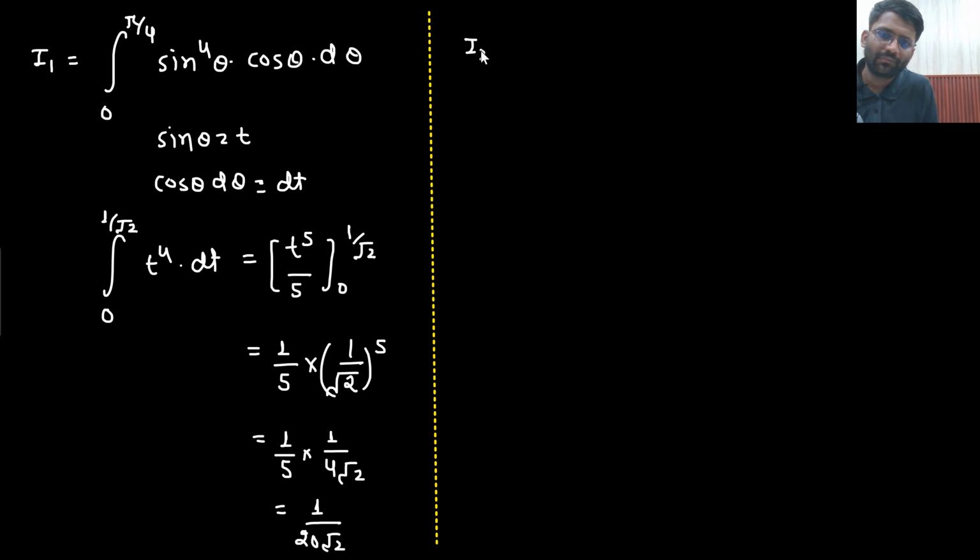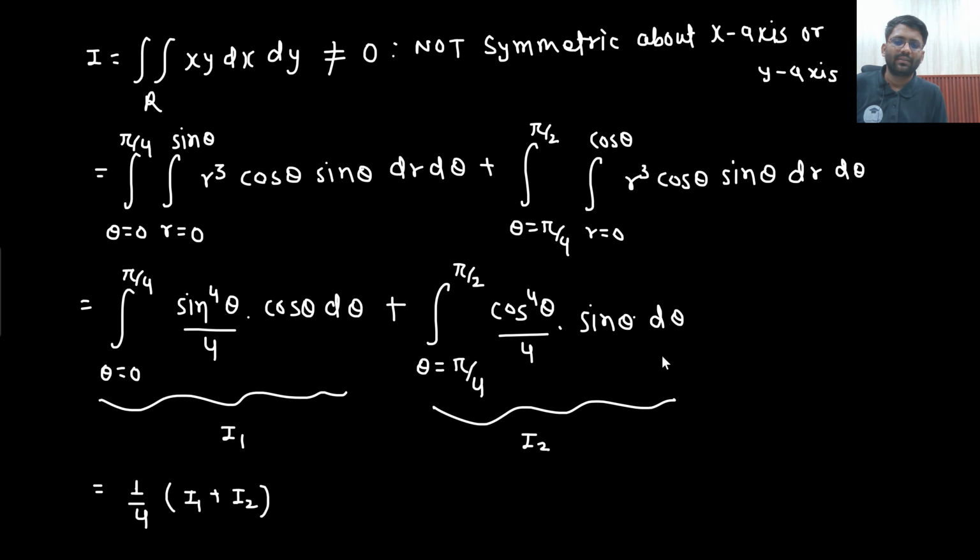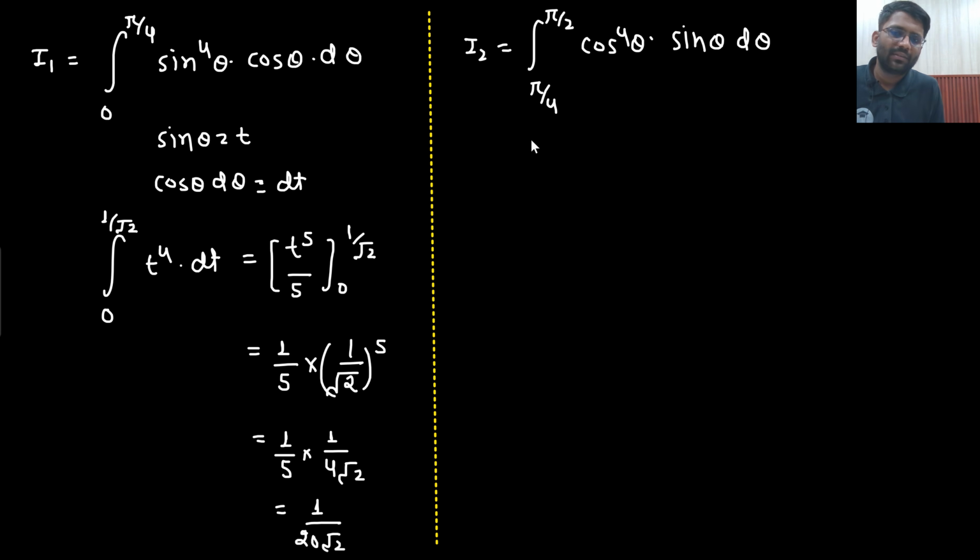And what about I2? I2, going from pi by 4 to pi by 2, is cos to the power 4 theta sin theta d theta. Right? So cos theta equals t, sin theta d theta equals minus dt.